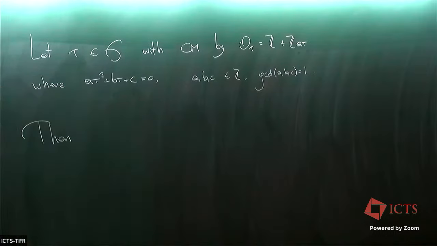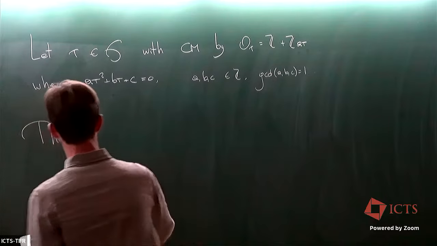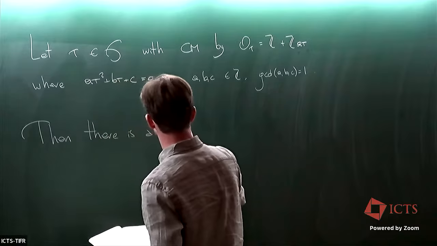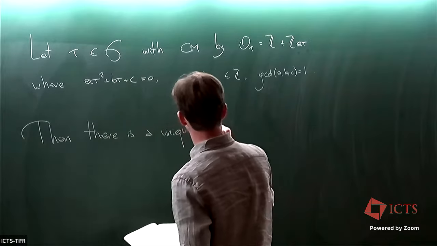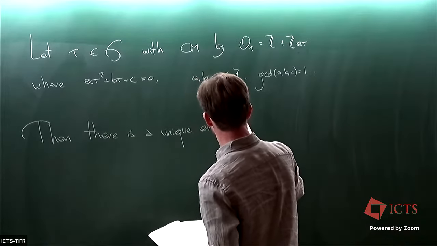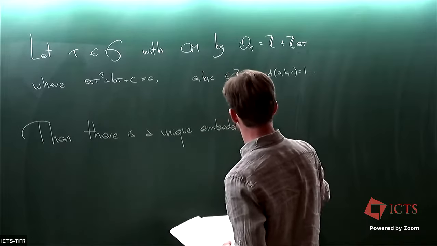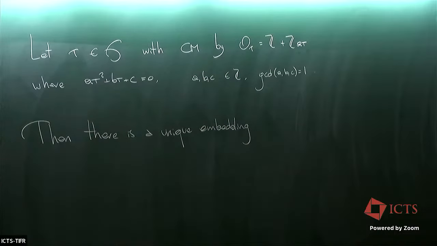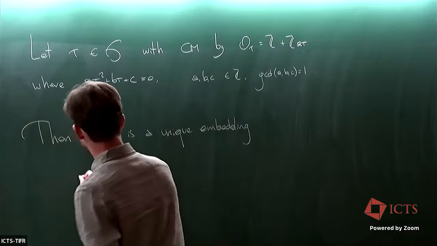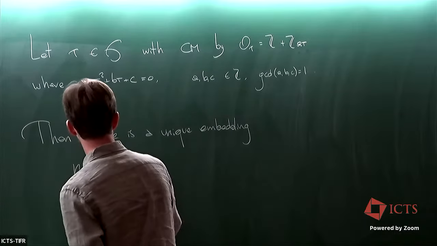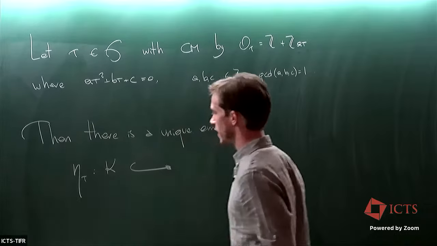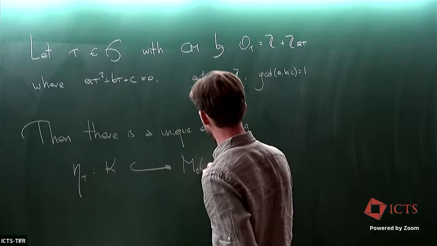Okay, so associated to this point, there is uniquely an embedding of K in the matrix algebra M2Q. I'll call it eta sub tau. It's going to take my elements in K and turn them into matrices with rational entries.